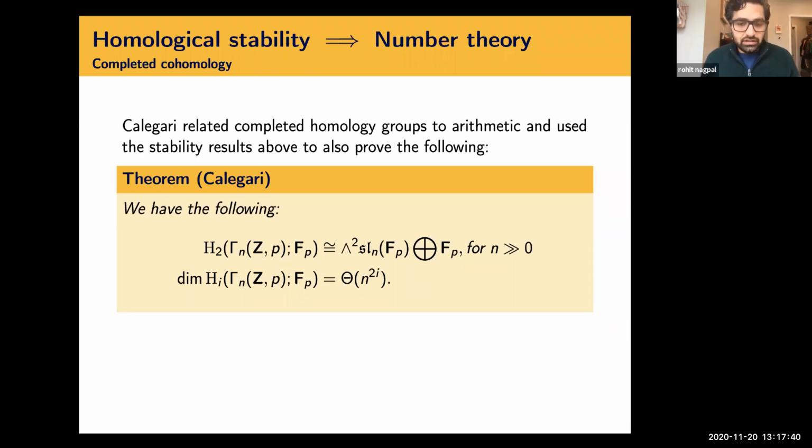This theta notation is basically saying that the growth of these homology groups is like n to the 2i. So they're all non-trivial for n large enough, right?